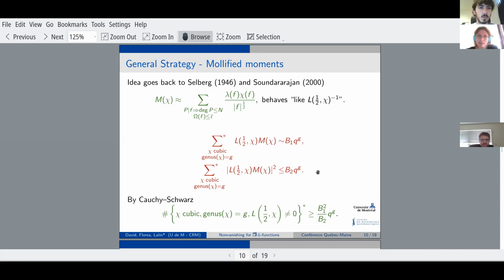And now the general strategy for proving this result, like I kind of hinted before, has to do with using modified moments. This is an idea that goes back a long time ago to Selberg, and then, like I said, Soundararajan used it to prove positive proportion for the quadratic case in the function field. Basically, the rough idea has to do with introducing a function on these characters that morally behaves like the inverse of L(1/2, chi).